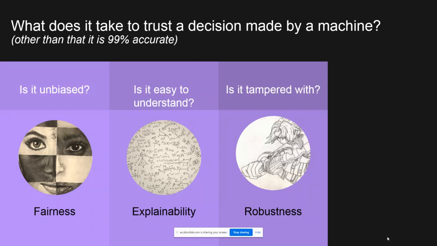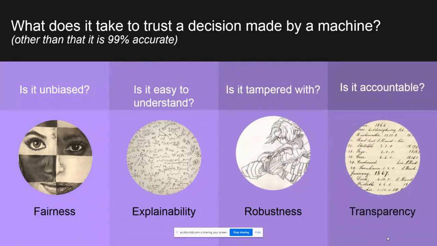Is your AI system able to be tampered with? So AI security is very important. And finally, is there transparency? We know with all kinds of new regulations, these AI systems need to be accountable. It needs to be very clear how the decisions are being made. Anyone in the EU knows this probably better than anyone in the US. So these are the kinds of things we need to think about nowadays when we're building AI systems.